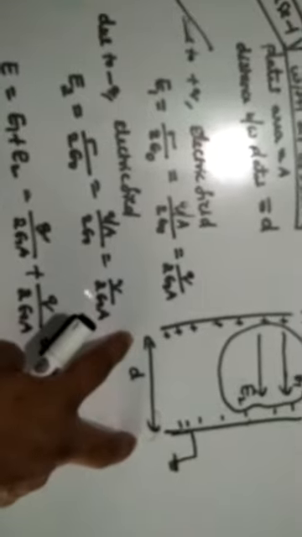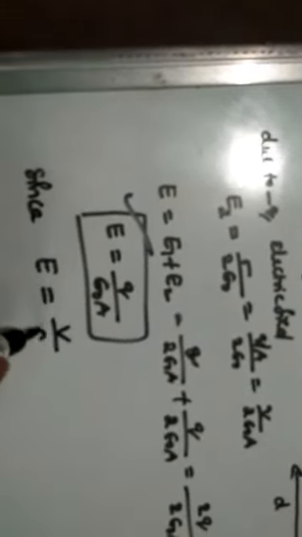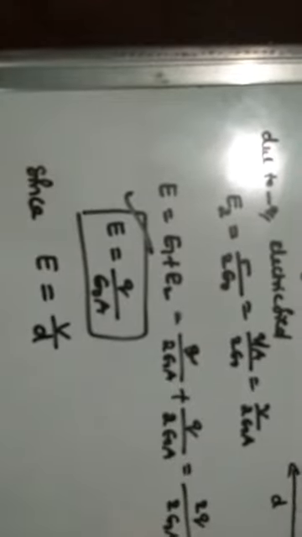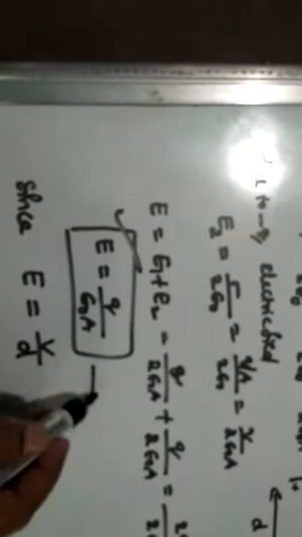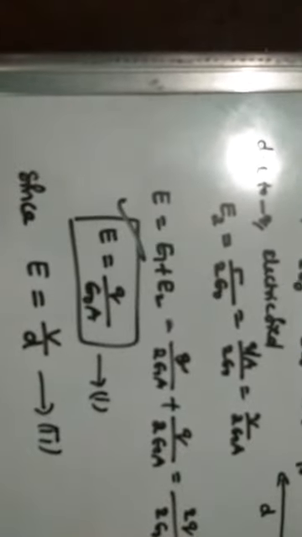Remember this carefully. I told you in between the plates of a capacitor a uniform electric field exists. Since the electric field E is equal to V by D, we know the formula E is equal to V by D. So this is equation 1 and this is equation 2. Where did this formula come from?